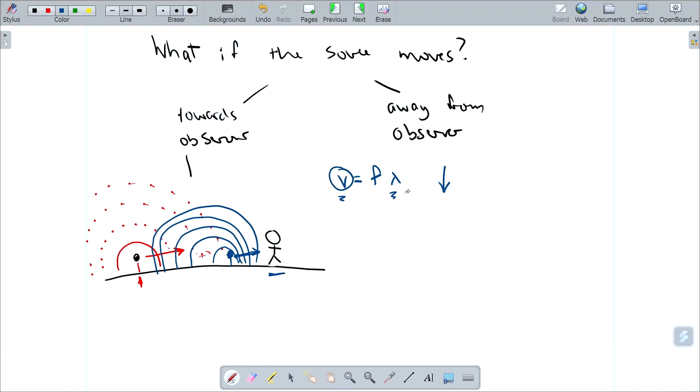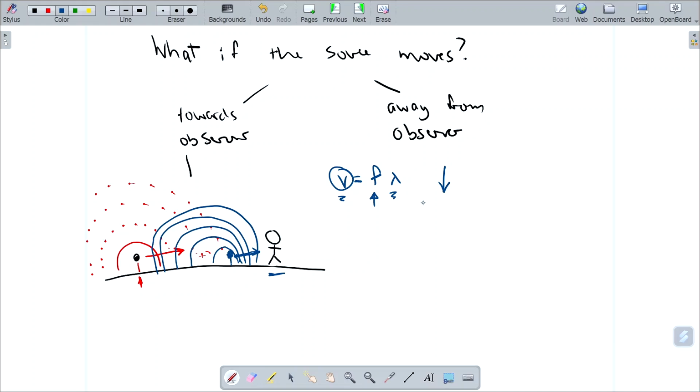So if the wavelength decreases, what is going to have to happen to the frequency? If we look at the frequency term in our wave equation, the frequency will have to change to cancel out the change in the wavelength.